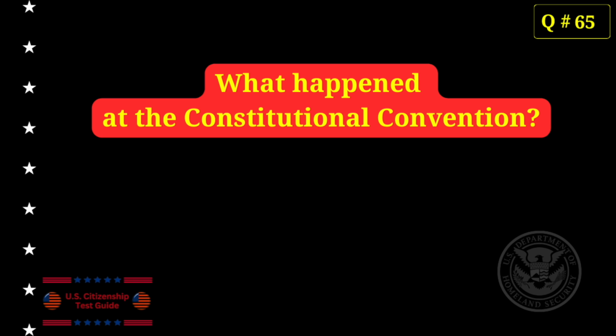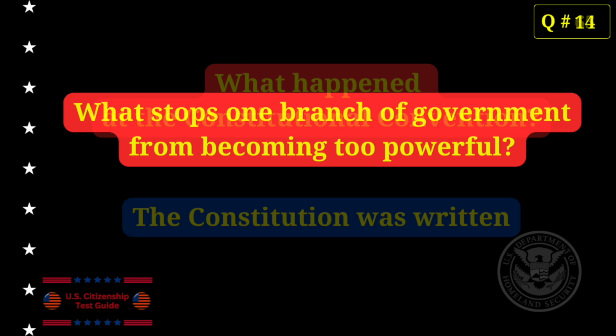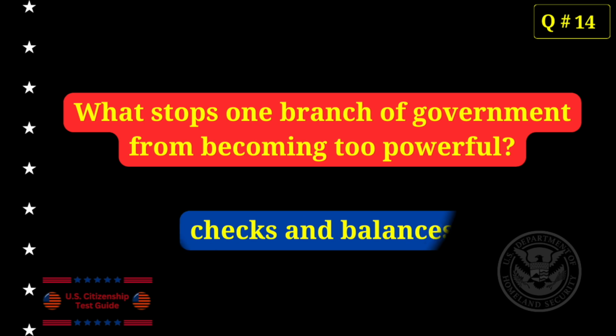What happened at the Constitutional Convention? The Constitution was written. What stops one branch of government from becoming too powerful? Checks and balances.